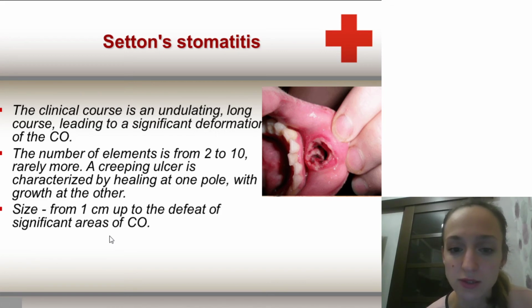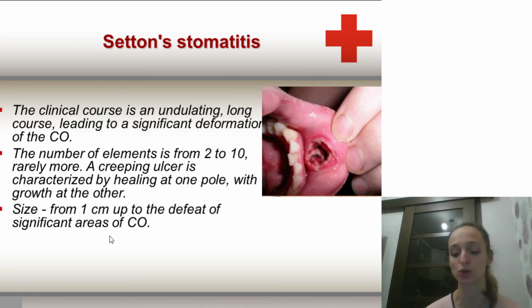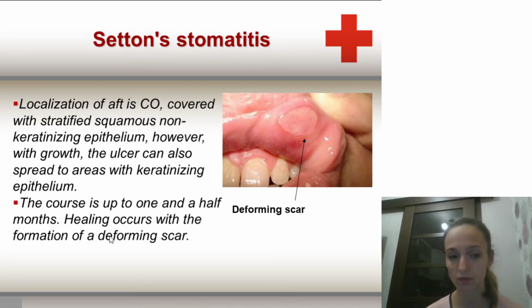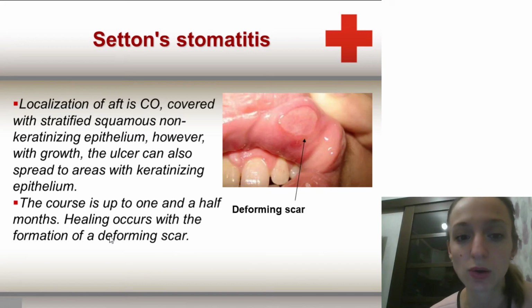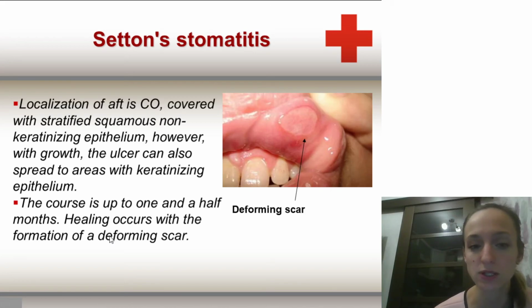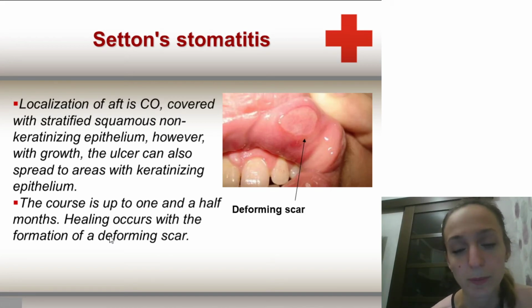A creeping ulcer is characterized by healing at one pole with growth at the border, with size from 1 centimeter up to the defeat of significant areas of oral mucosa. Localization of aphtha is oral mucosa covered with stratified squamous non-keratinizing epithelium.